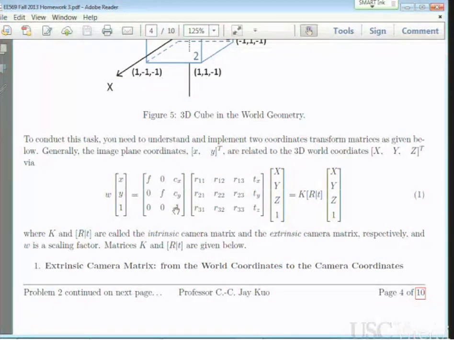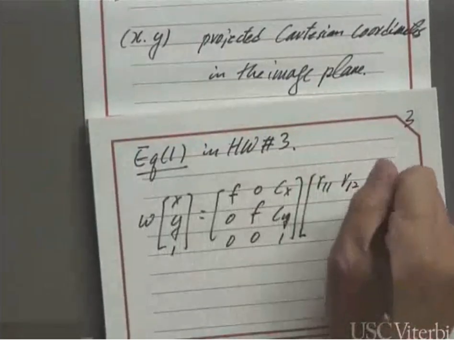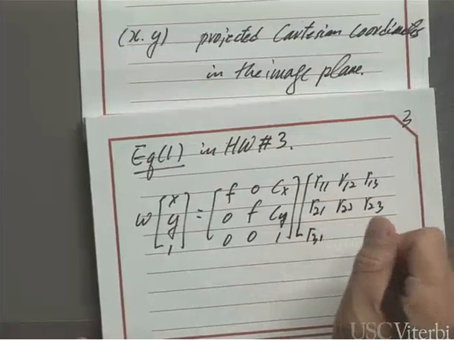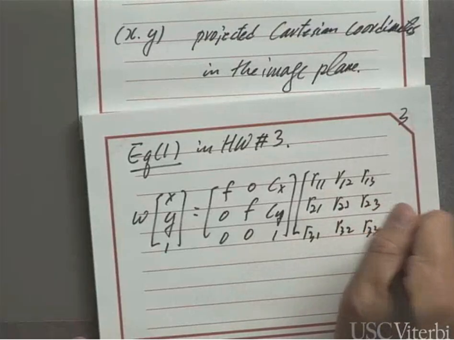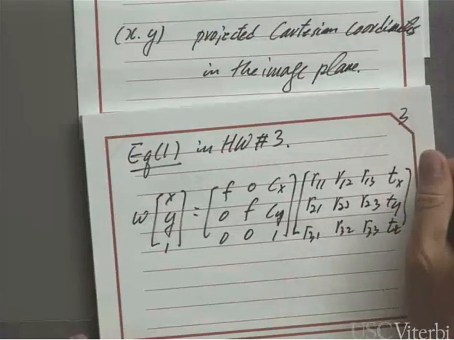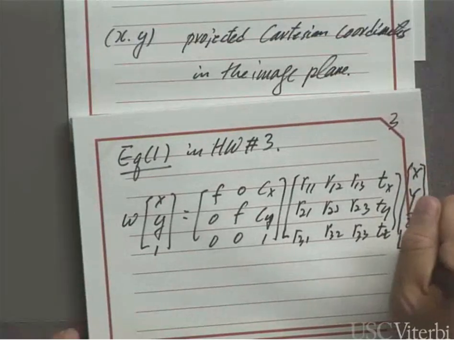So we have omega times x, y, 1 equal to this.